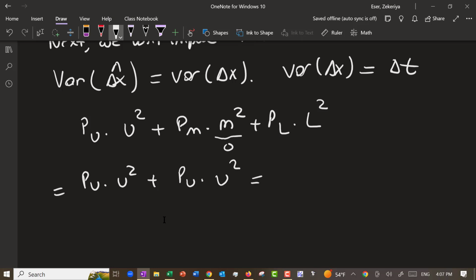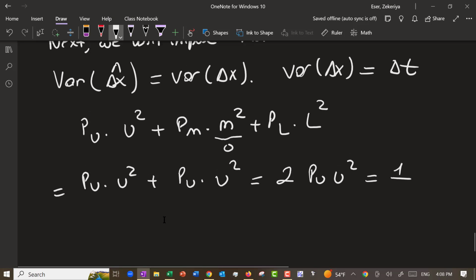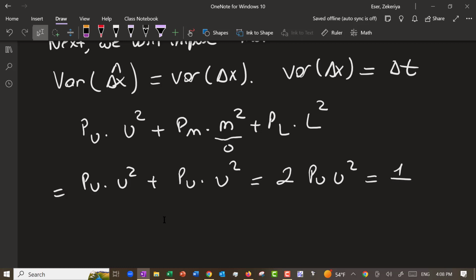So this says 2 times PU U squared needs to equal 1. Alright? Oh, not 1, I'm sorry. Delta t.